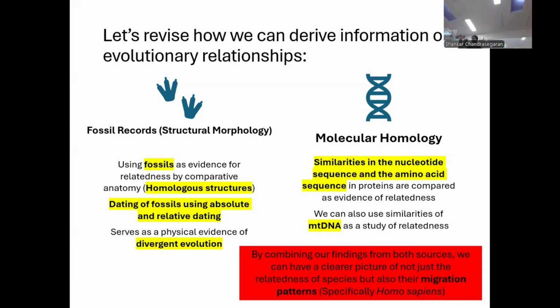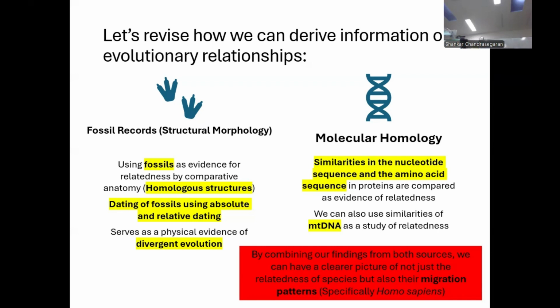And then we can start to plot a timeline of when this fossil emerged here, when that fossil emerged there, and start to notice a pattern of migration. Typically, if we're looking at one species, talking about Homo sapiens, right? If we look at all the patterns of fossils appearing for Homo sapiens, we can start to lay out a migration pattern relating to Homo sapiens.